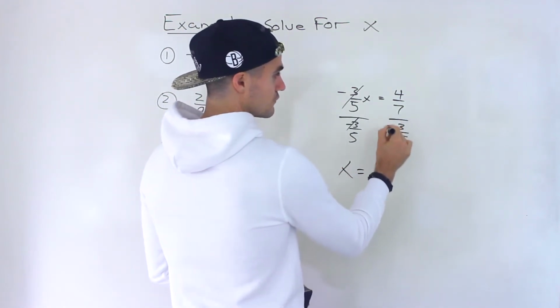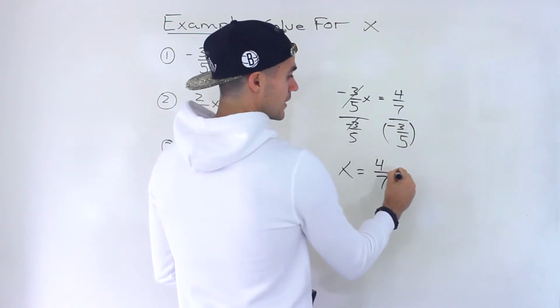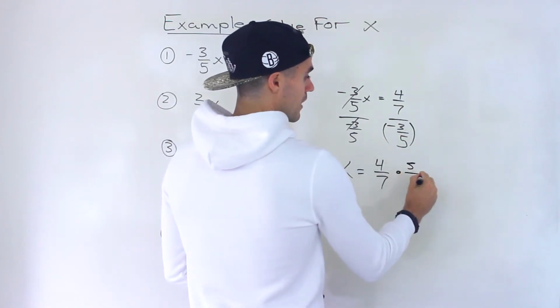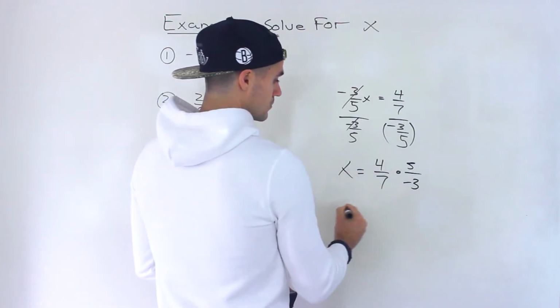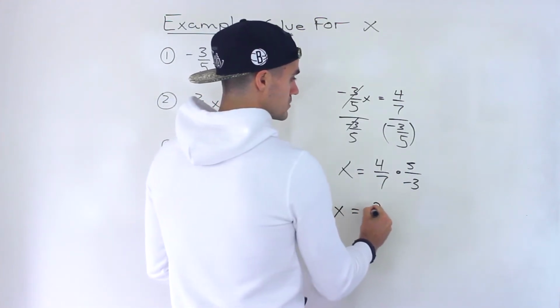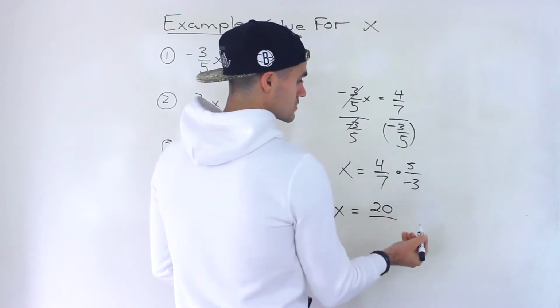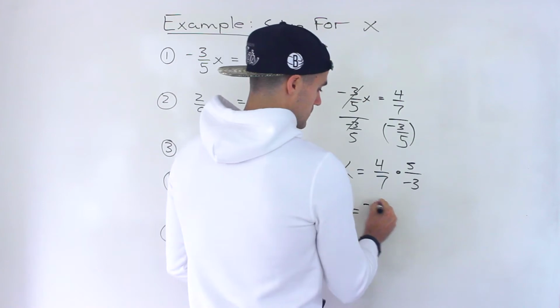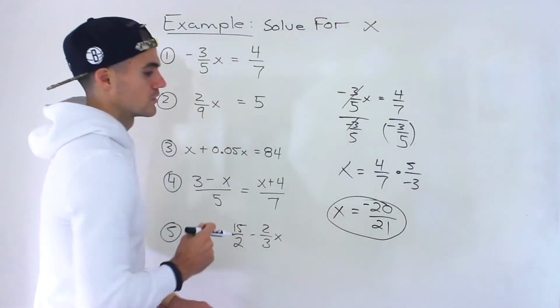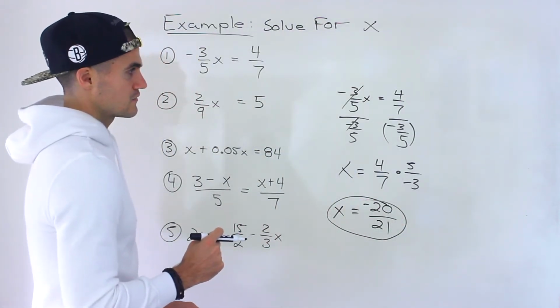So 4 over 7 divided by negative 3 over 5, which would be like multiplying by 5 over negative 3. Then you can multiply the numerators, 20, and the denominators, negative 21. We could put the negative up top. So negative 20 over 21 is the final answer.